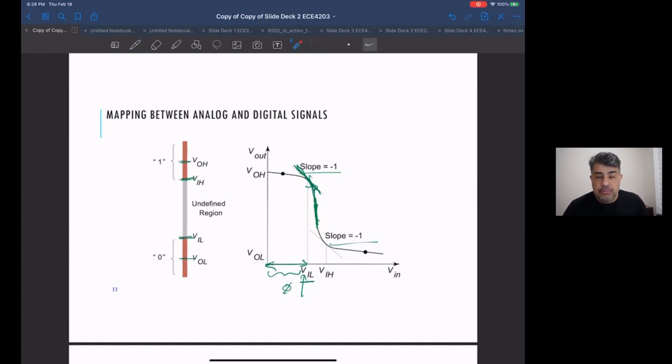It's not a good place to be for a logic gate, because you want to basically suppress input variations. You want a flat high and a flat low. You don't want to be amplifying the noise on your input to be on your output. You don't want a higher noise on your output than you have on your input.